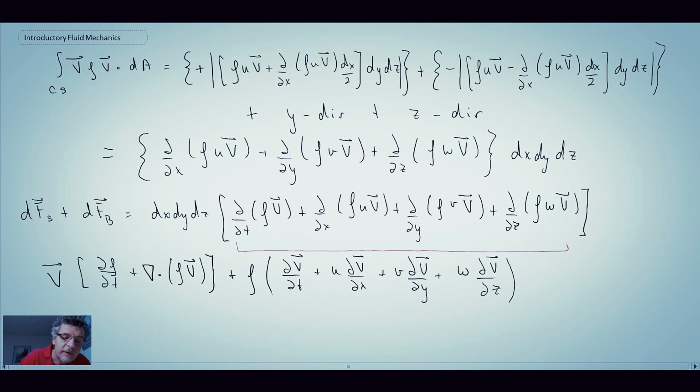So what can we do with this? Well, it turns out that this here is continuity, and we know from continuity that it is equal to 0. So that term disappears.